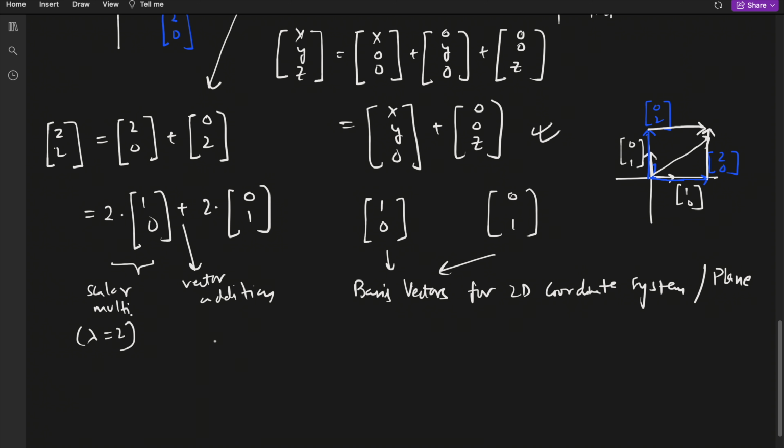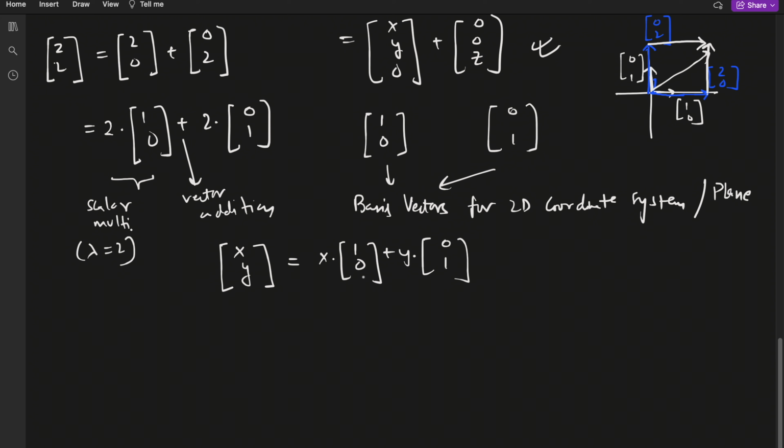Right? So any 2D vector xy can be decomposed into these unit vectors 1 0 and 0 1 as a linear combination. This is x into 1 0 plus y into 0 1, and this is a linear combination, by the way, but I will explain in detail what a linear combination is in an upcoming lecture.